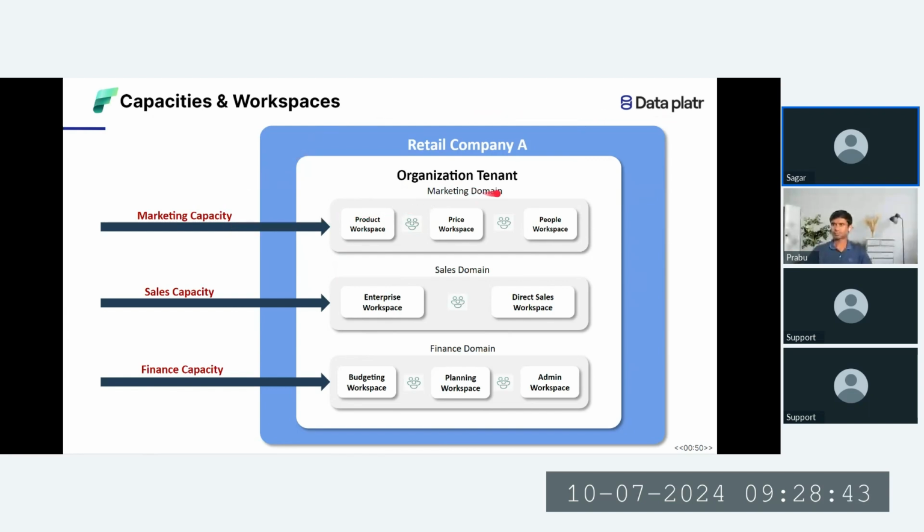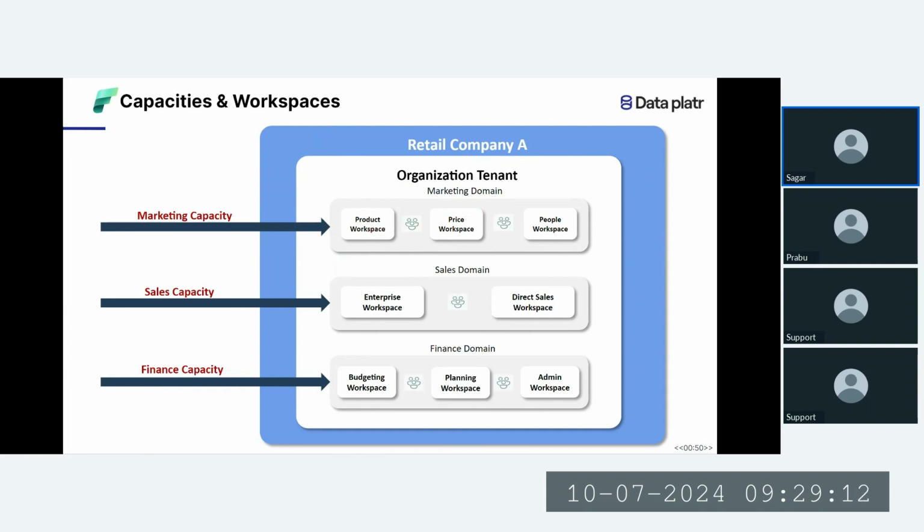When we say domain, it is nothing but a logical grouping of workspaces, mostly done at the department level. And you have capacities. These are logical groups of resource pools that are packaged together, and you have regions tied to the capacity. When you define a capacity, there is an option to choose a region, and you can assign a capacity to a workspace, right?